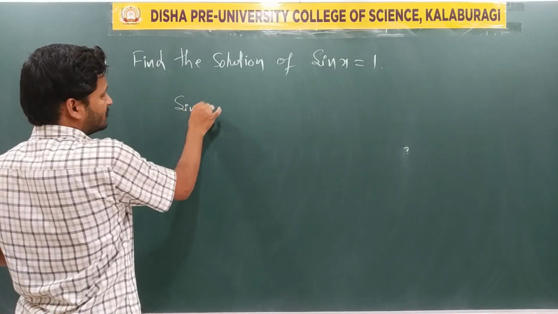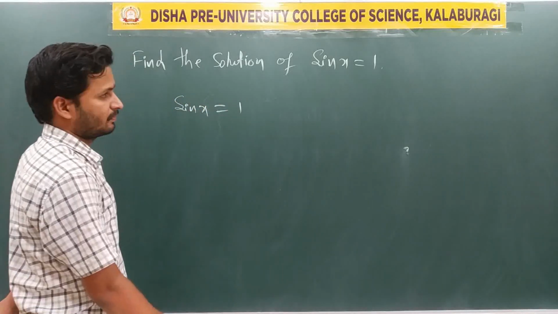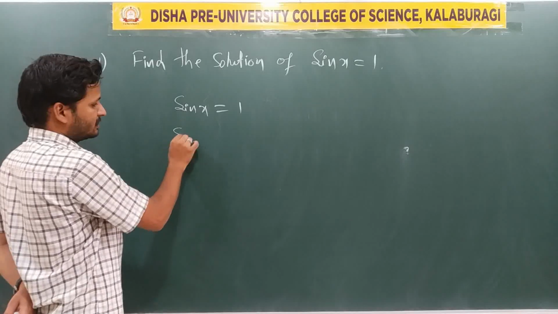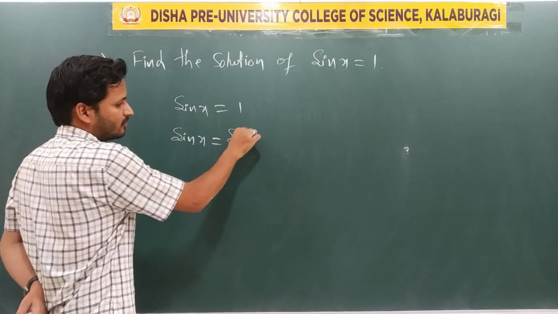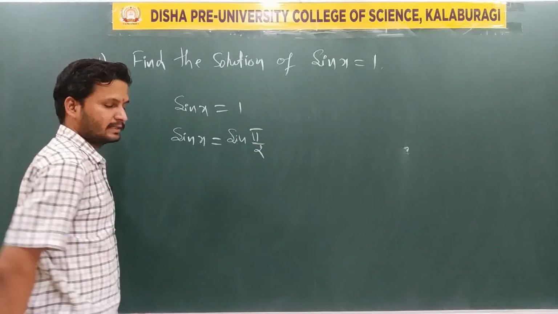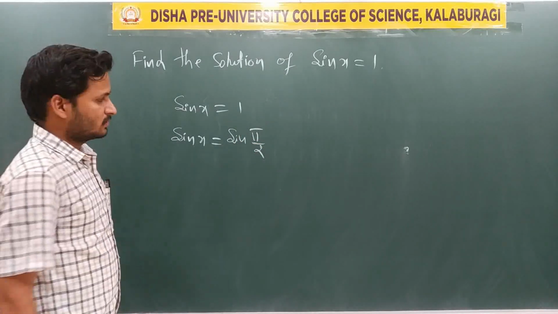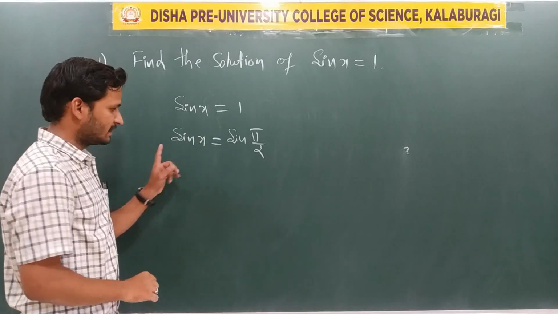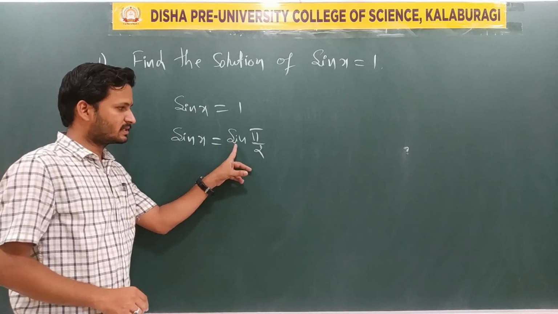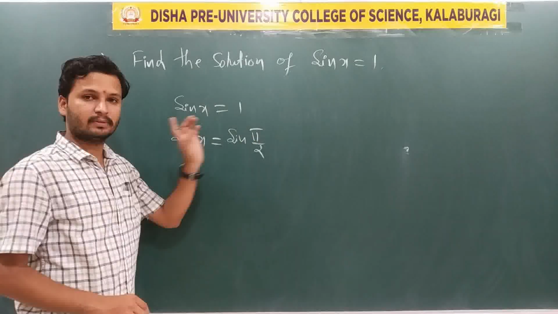This can be written as 1 equals sin of pi by 2, because sin 90 degrees is 1. So this is of the form sin x is equal to sin y. Here y is pi by 2.